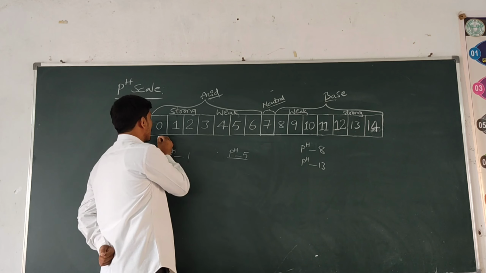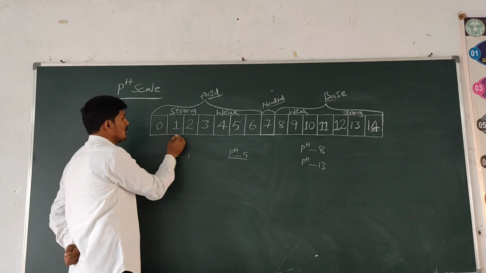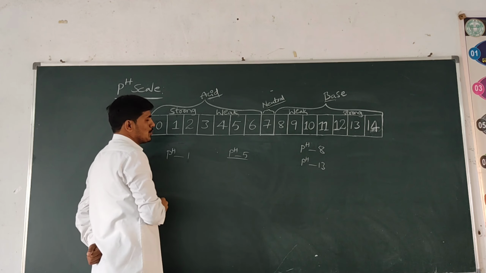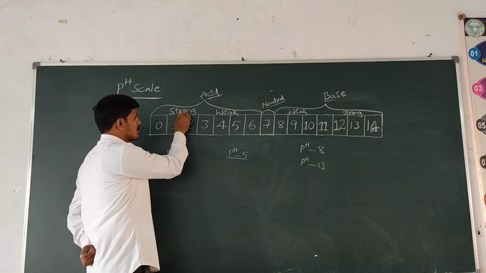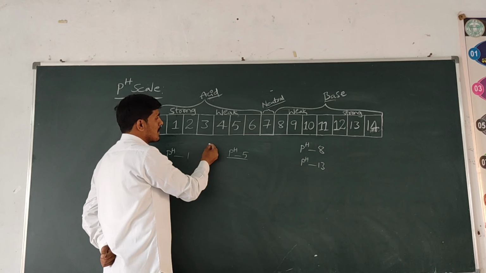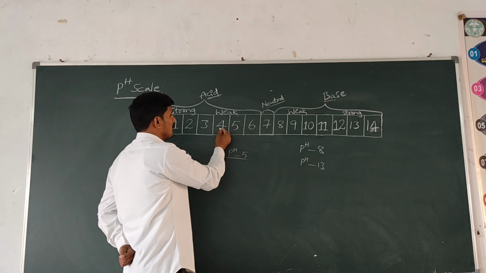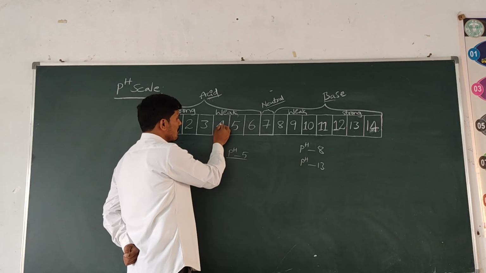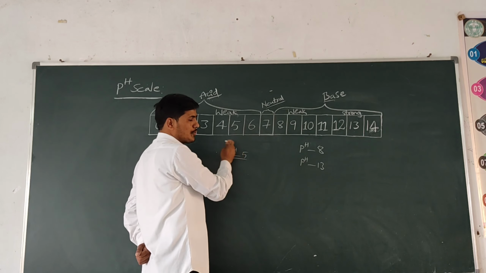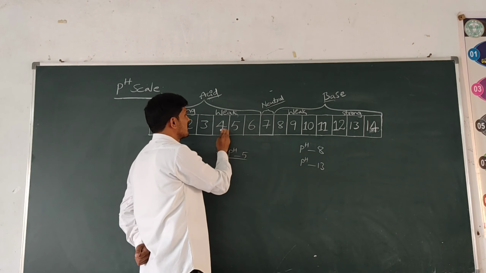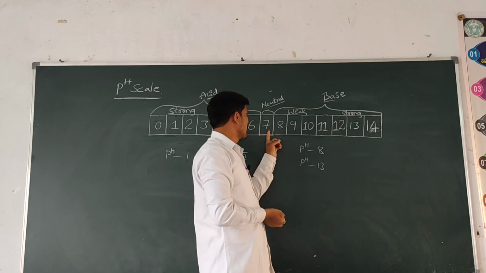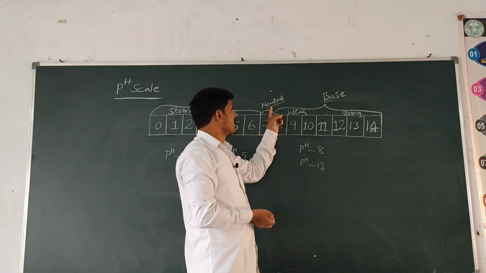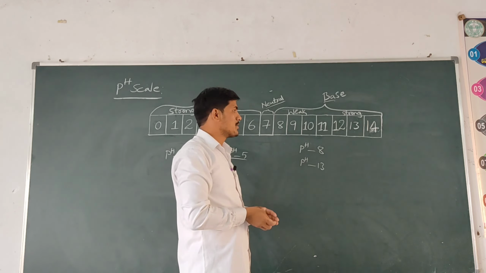When pH values are from 0 to 3, that is 0, 1, 2, 3, it is considered a strong acid, and when pH values are from 4 to below 7, it is considered a weak acid. When the pH value is 7 on the pH scale, it is treated as a neutral solution.